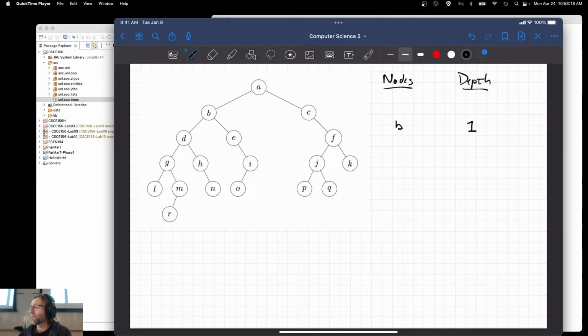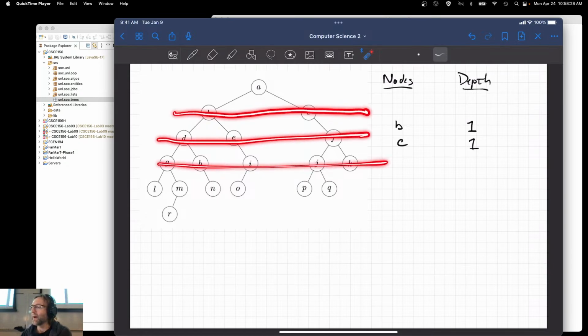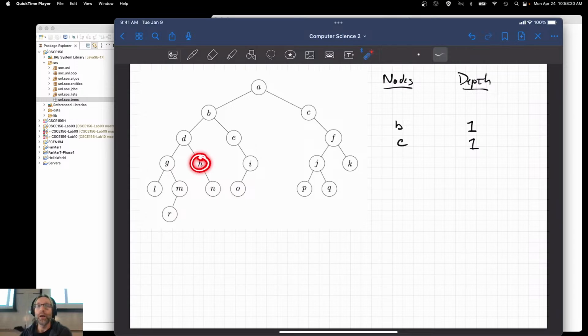Well, guess what the depth of C is. Right? Also 1. Why? Because I drew them on the same level. Okay? Anything on the same level is going to have the same depth. For example, H here. There is a unique path going from A to B to D down to H, right, of length 1, 2, 3. And it's going to be at depth 3.